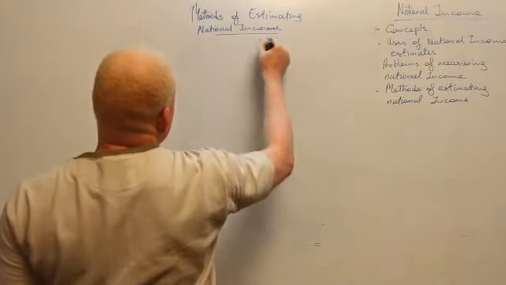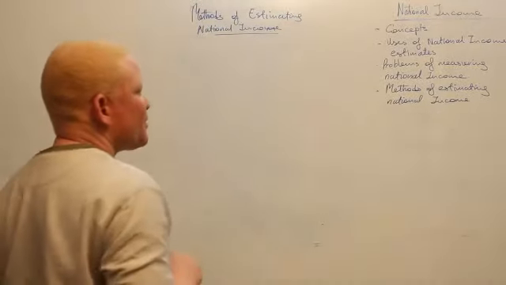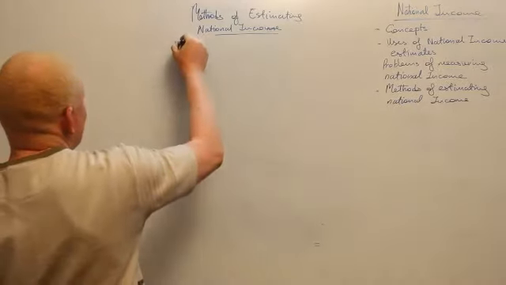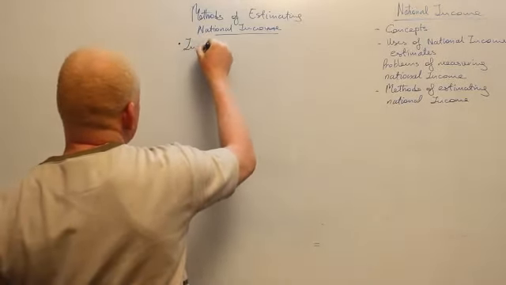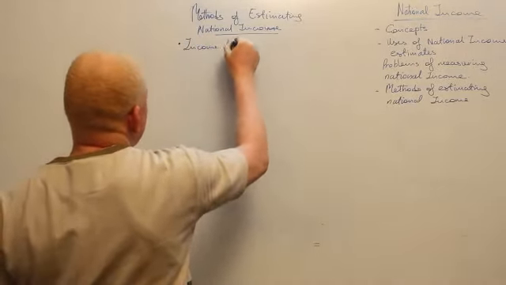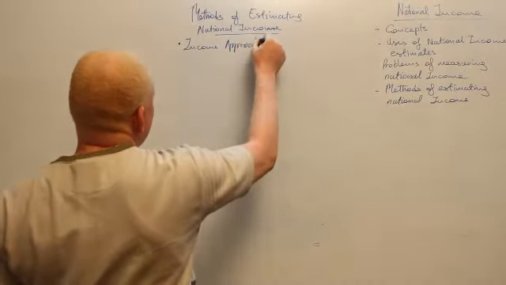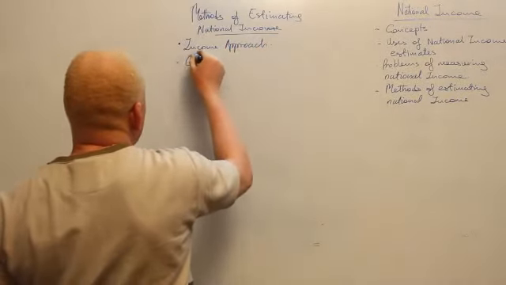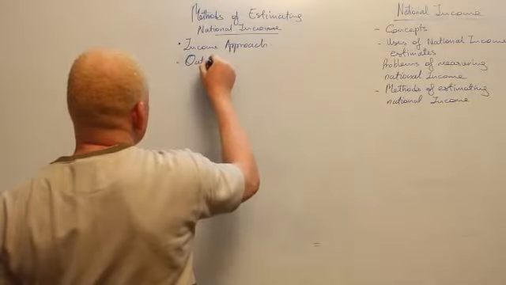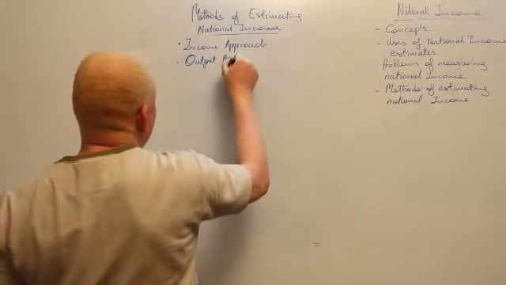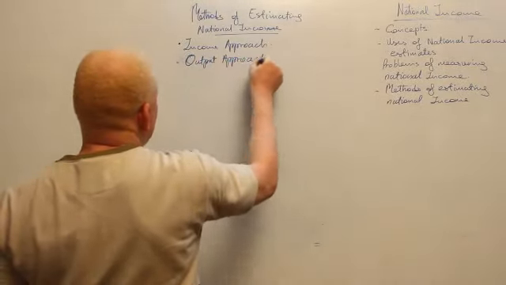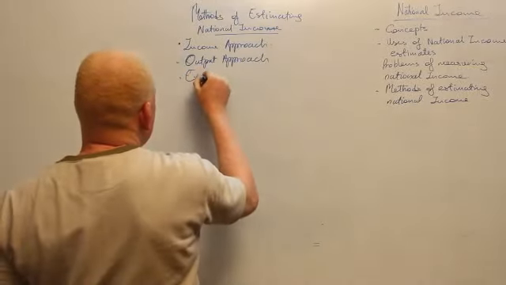National income can be measured using 3 methods. The first one is what you call the income approach. Second one, you call it the output approach. Third one, you call it the expenditure approach.